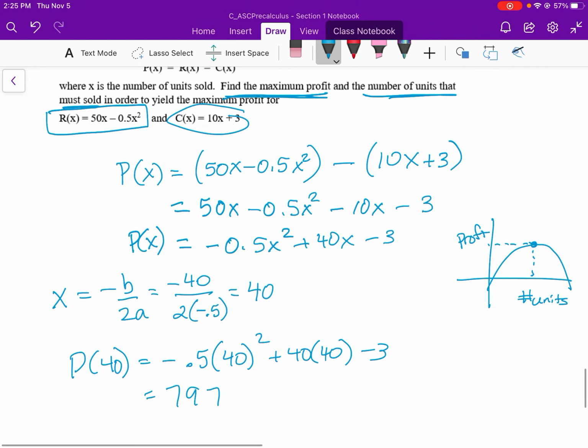So 797, I'm assuming that that's dollars because it's a profit thing. So the maximum profit is $797 when 40 units are sold.